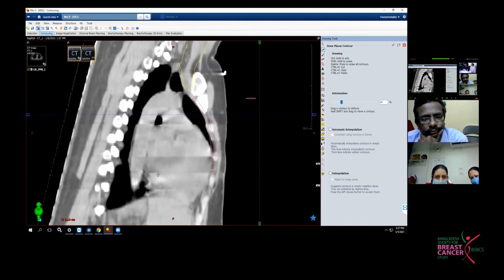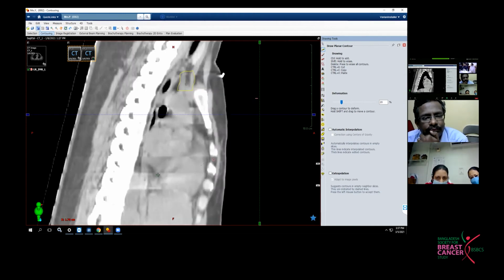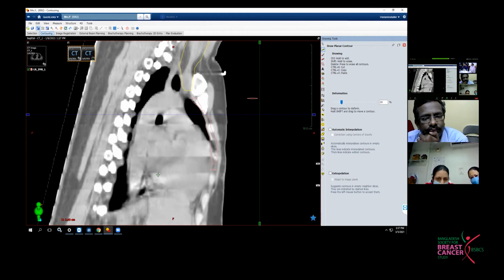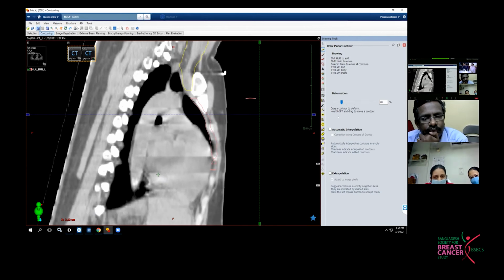So here you can clearly appreciate exactly till what intercostal spaces you have contoured. You can see your volume is a little less inferiorly, only a couple of slices, I think. So it will go more down. Yeah, a bit, one cut I feel. Okay.